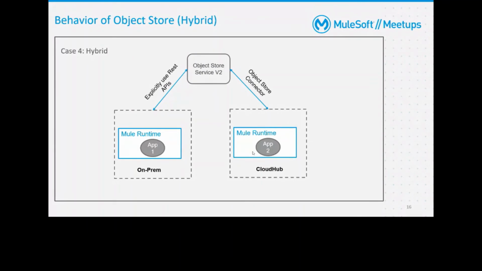This is definitely possible. This can be achieved by explicitly using the REST APIs. We can use a REST call to store and retrieve data in the object store v2 that is running. So in a hybrid scenario, this is a way we can access data stored in the CloudHub object store service.